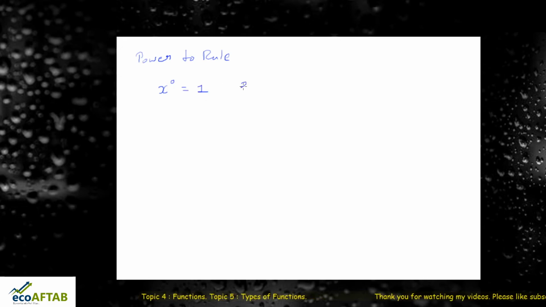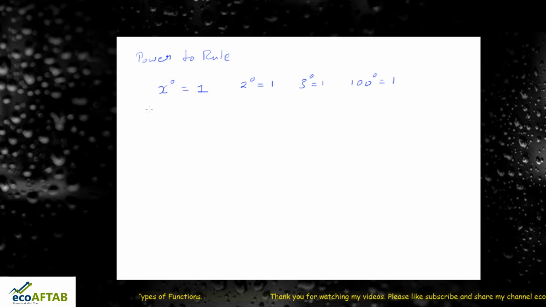So if I say 2 raised to 0, it will be 1. If I say 3 raised to 0, it will be 1. If I say 100 raised to 0, even that will be 1. So always remember, if the exponent is 0, then we get 1 as the answer. Here the base is x and the exponent is 0. Here the base is 2, exponent is 0. In either case, whenever the exponent is 0, anything to the power of 0 is equal to 1.